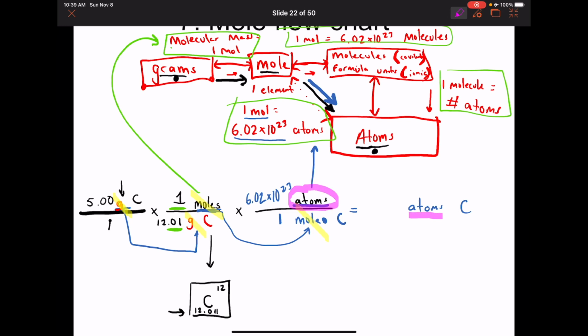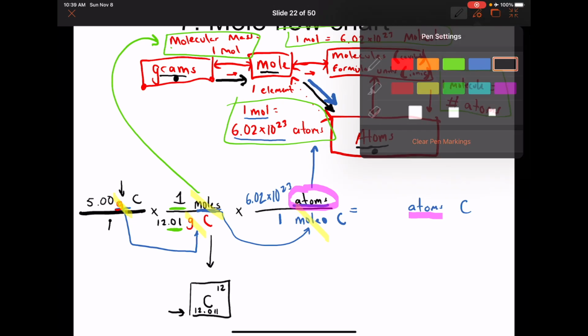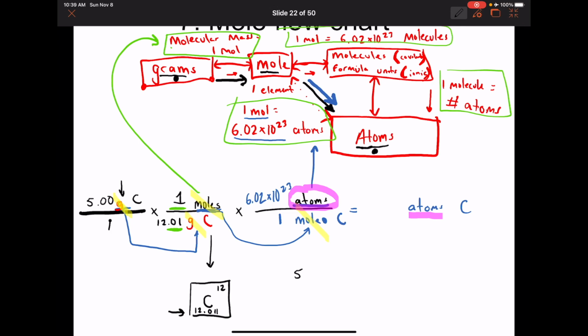And then to solve this mathematically, you multiply everything that's on the top together. So that would be 5.00 times 1 times 6.02 times 10 to the 23rd. You multiply those numbers together, and then you divide by what's on the bottom, which is 1 times 12.01 times 1.